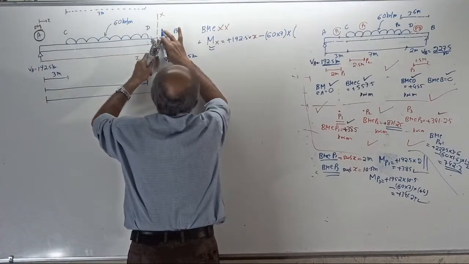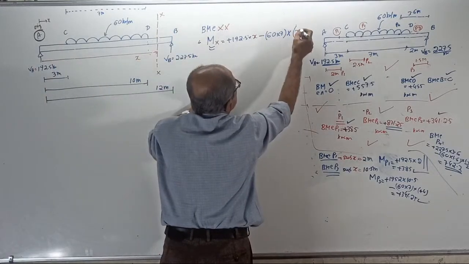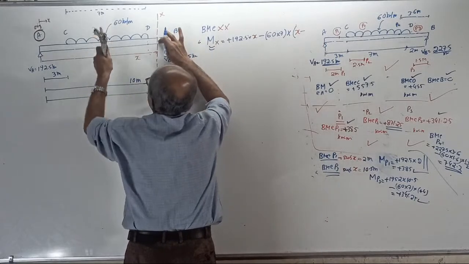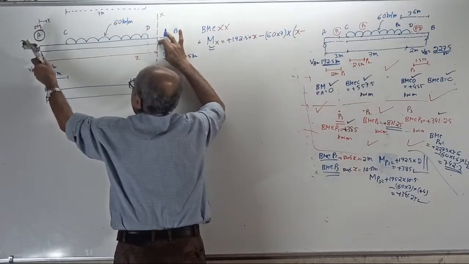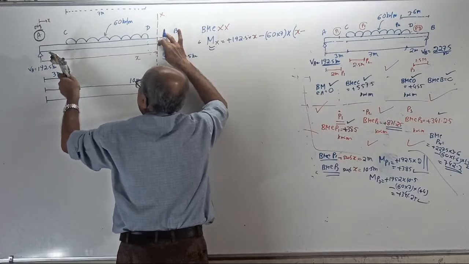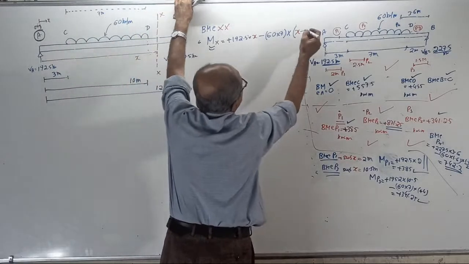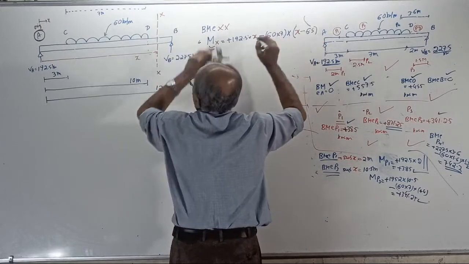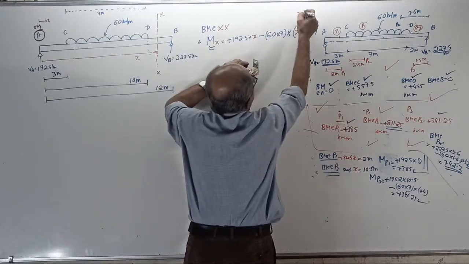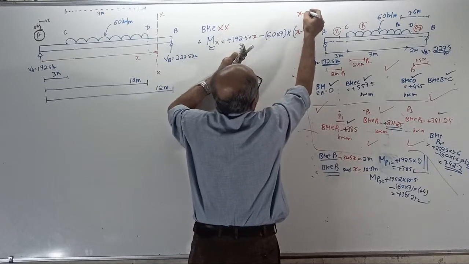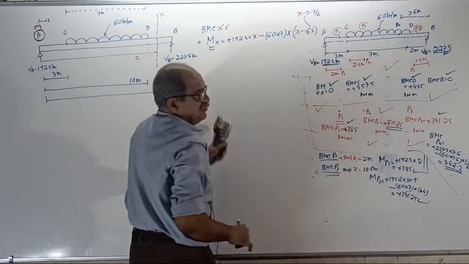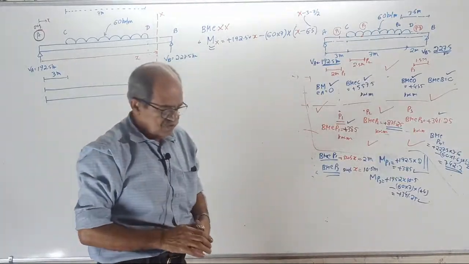This is X, so into X minus, from the center of the UDL to here, X minus 3 also minus half of 7. It became 6.5. Tell me how I got 6.5. X minus 3 minus 7 by 2.